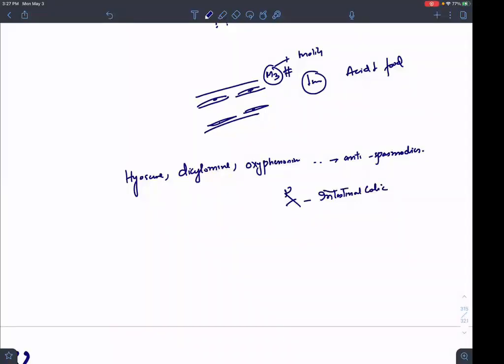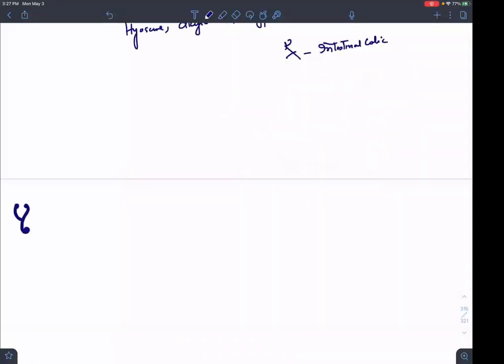Is it fine? Now I have a patient who has irritable bowel syndrome. In IBS, it can be constipation or it can be diarrhea. So in IBS, I have drugs such as darifenacin and solifenacin, because they are blocking what?